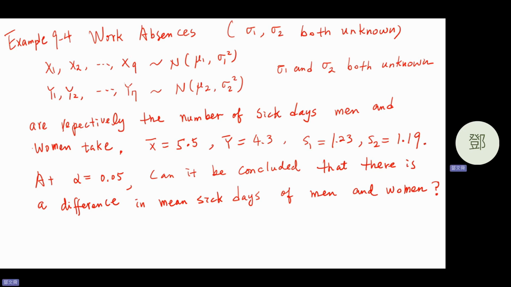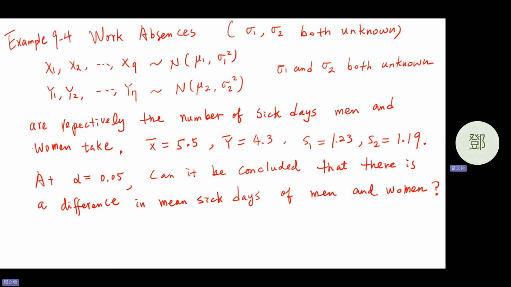The number of sick days is normally distributed with mu1 and sigma 1 for men, and also normally distributed for women.